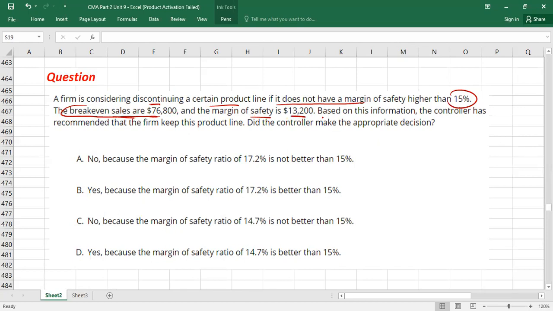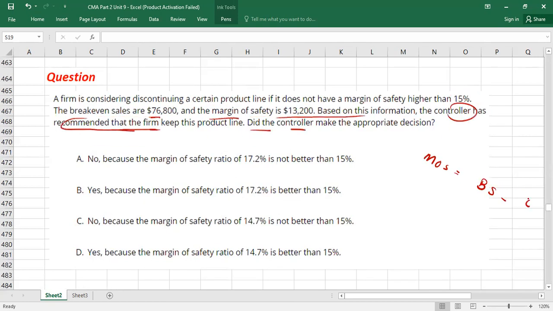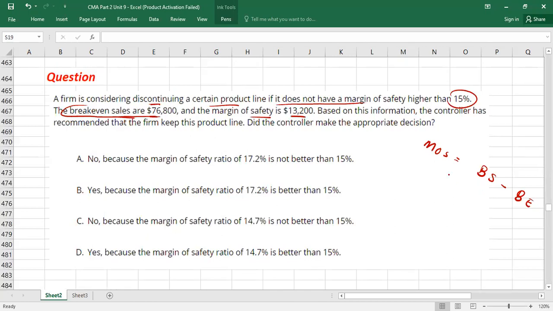So it means I can calculate budgeted sales, right? Because margin of safety is equal to budgeted sales minus break-even sales. Margin of safety is given as 13,200 in dollars, break-even sale is given as how much? 76,800. Okay, it means I can calculate budgeted sales.